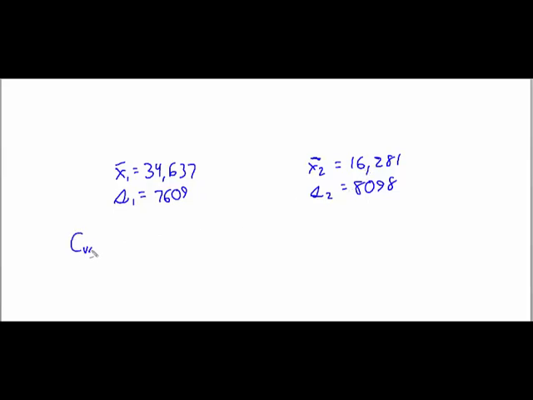And the CVAR formula is pretty simple. It takes the standard deviation and divides it by the average of the data set. If we take our standard deviation and divide by the average, the percentage of variation is going to be rounded to 0.22, or 22%.